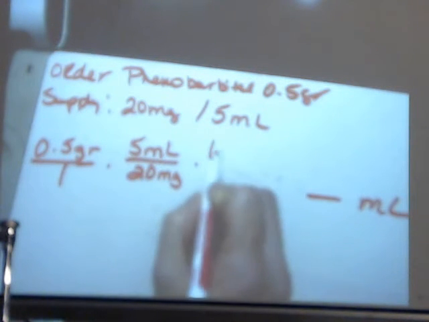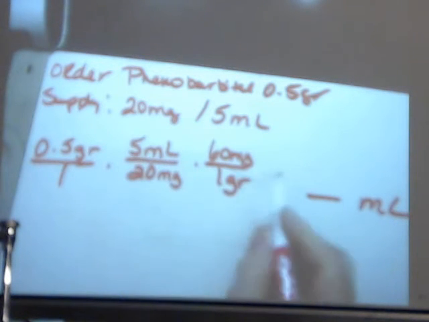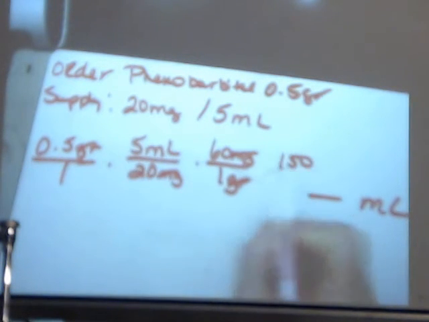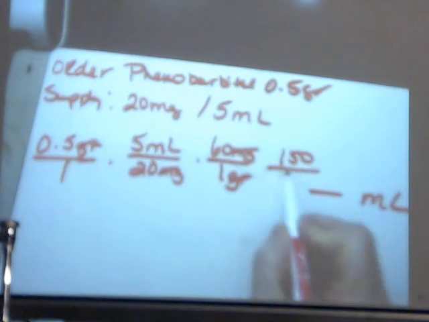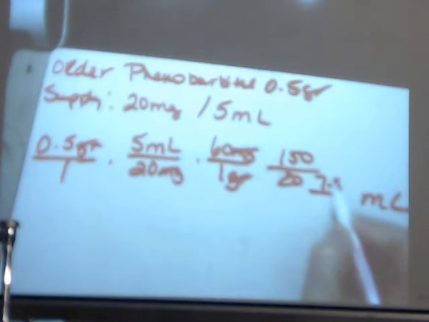So we know that 60 milligrams equals 1 grain. And so we're going to get rid of our grains, and we're going to get rid of our milligrams. We multiply all the way across the top: 0.5 times 5 times 60, and we get 150 over 20, which means we're going to give 7.5 milliliters.